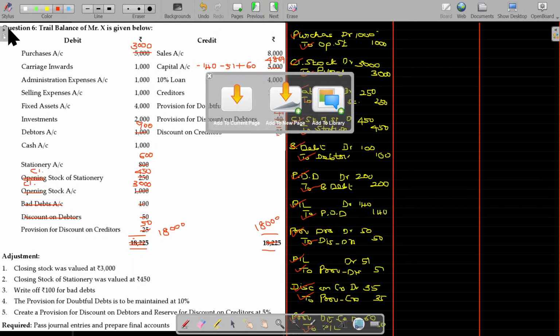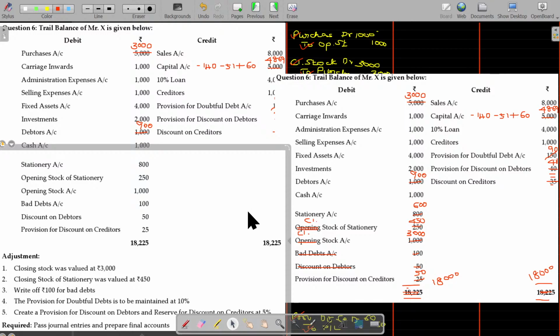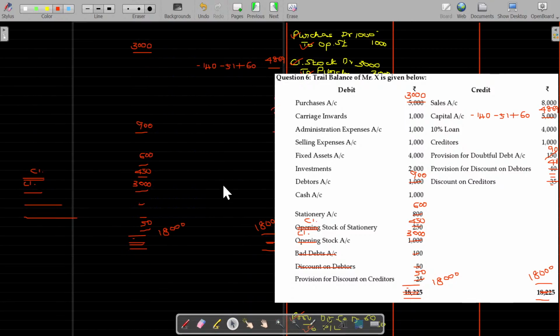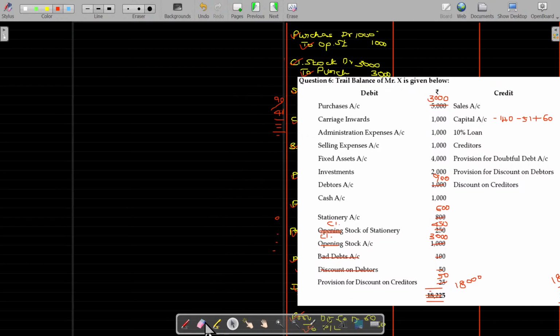Probably you can pass the adjust means transfer entry, and you can post this also. Okay. I'll just do some adjustment here.